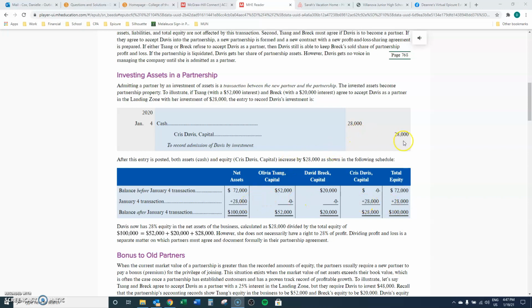So now there's $100,000 in assets, and there's $100,000 in equity, and that's broken out by $52,000 to Olivia, $20,000 to David, and $28,000 to Chris.